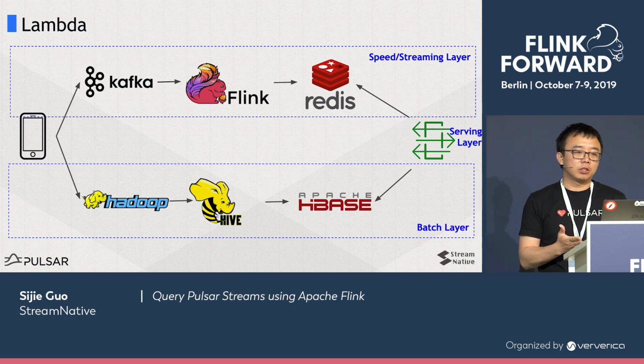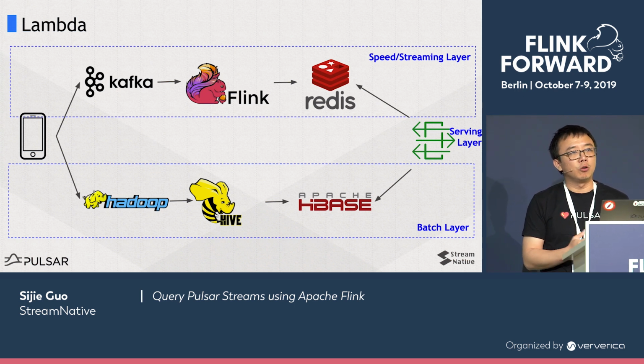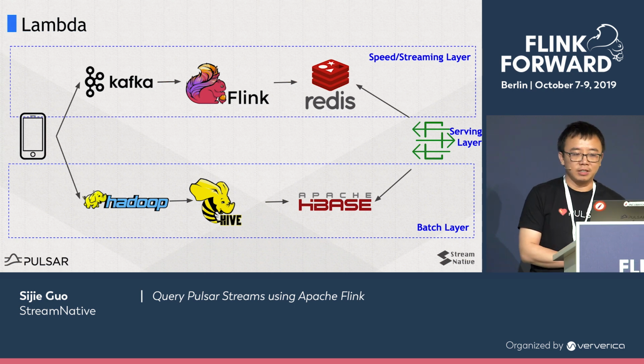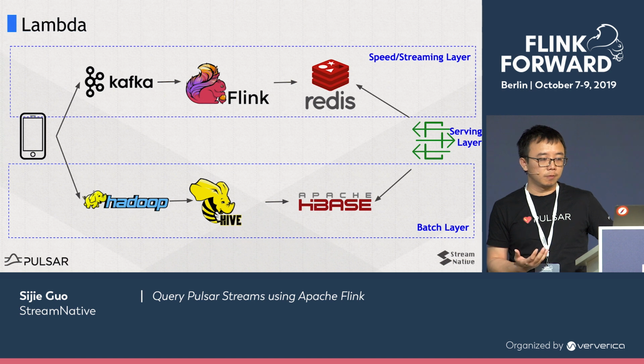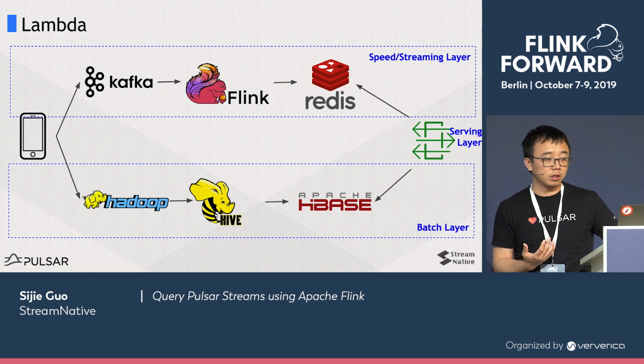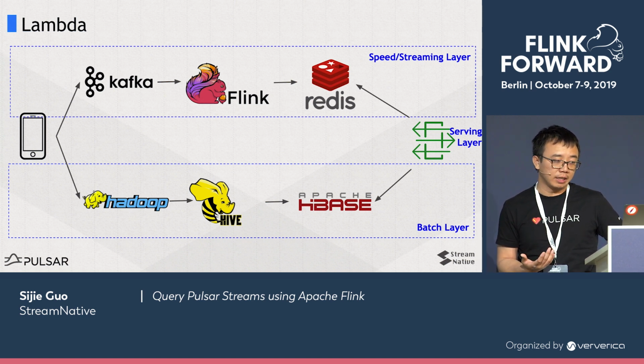And Flink has become a unified data processing engine. It tries to take over both streaming computing and batch processing. We are thinking about how we can better serve Pulsar users who use Flink to process data.